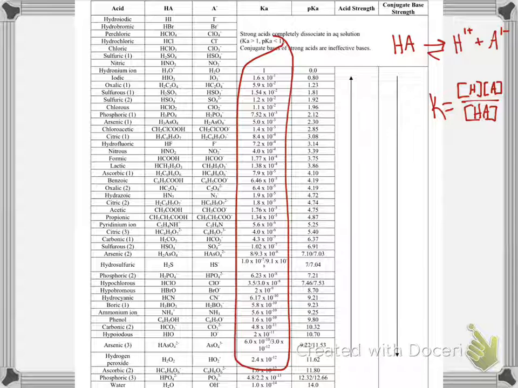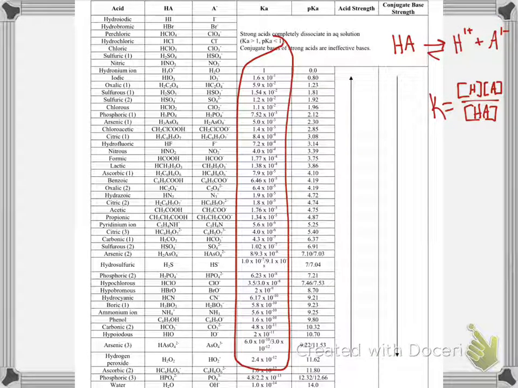We make the K value larger by having more numerator. And to have more numerator, that means we need to have more of the products. So the larger the K value, the more products. And again, if it's a larger K value, it's going to be a stronger acid, which means that it's going to become more product. It will dissociate more.